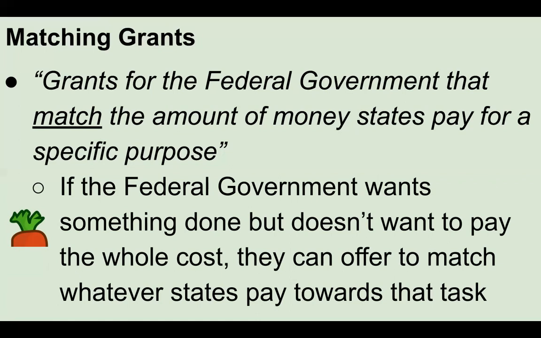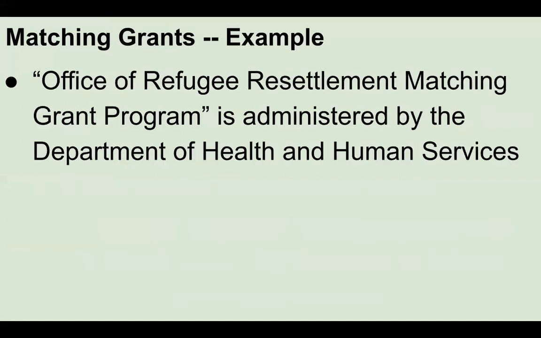And because the federal government has its skin in the game, there's going to be federal oversight to make sure that you're doing it right. So not only do you have feds sniffing around, but you also have to pay your own money towards it. And if you just don't do it, you don't get any money at all. So matching grants are kind of a bummer for states, but it's also kind of helpful because you're still getting some money from the federal government.